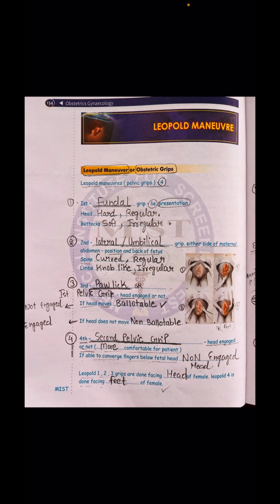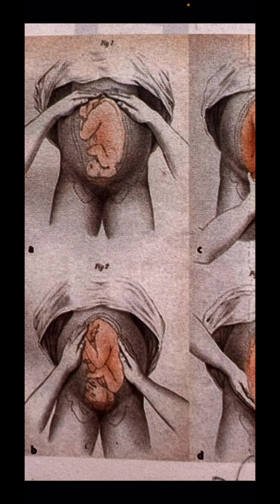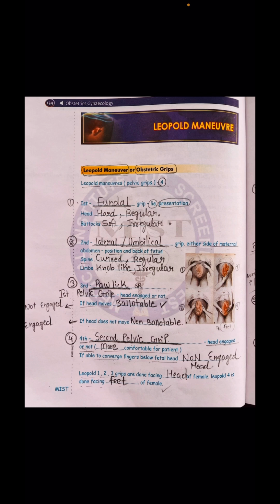For the second one, we put one hand on the lateral position and the second hand near the umbilical part of the mother. This second grip is known as the lateral or umbilical grip, which checks either side of the maternal abdomen for the position of the back of the fetus. We check on which side the spine is and on which side the limbs are.